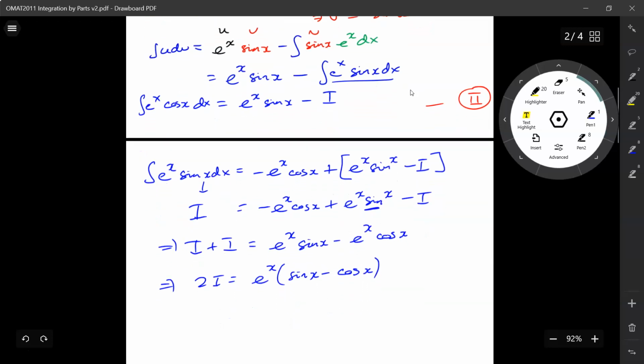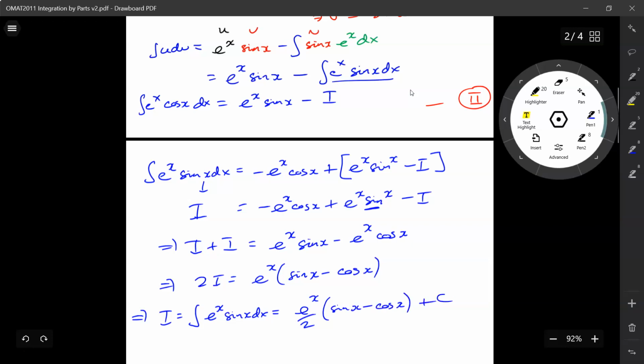And that means I, which is equal to the integral we're looking for, exponential x sine x dx, is equal to exponential x over 2 multiplied by sine x minus cosine x, and I'll add in the constant of integration at the end.